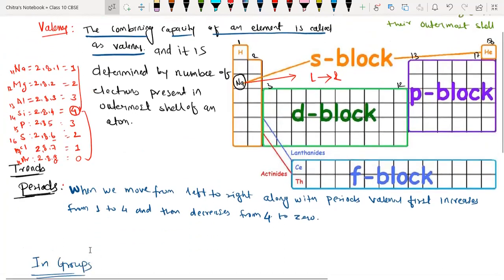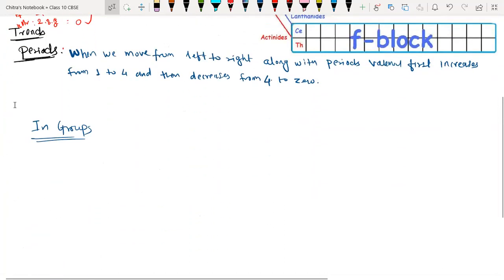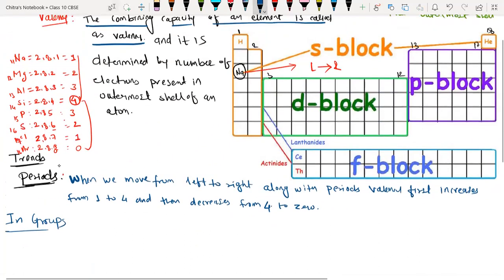Okay, so now we are going to understand the trend of valency in groups. First we have to understand here, we already went through that the number of the group represents the number of electrons present in the outermost shell.